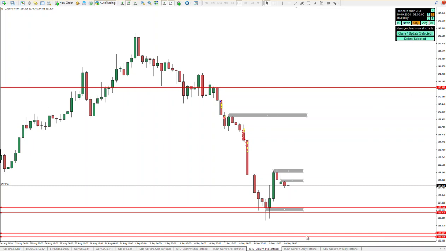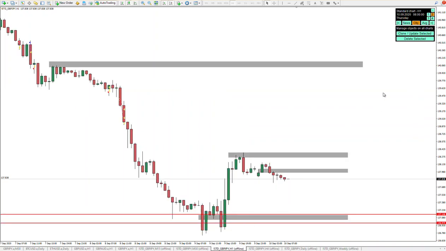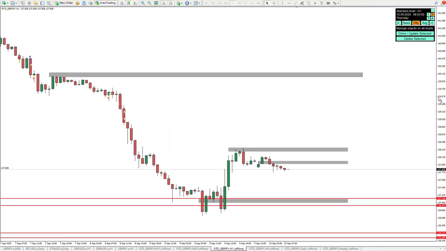Let's clone these and look at H1, what it looks like. Looks beautiful. Probably we can add this. Yes, that's beautiful to add. Let's clone that. Yeah, looks nice.